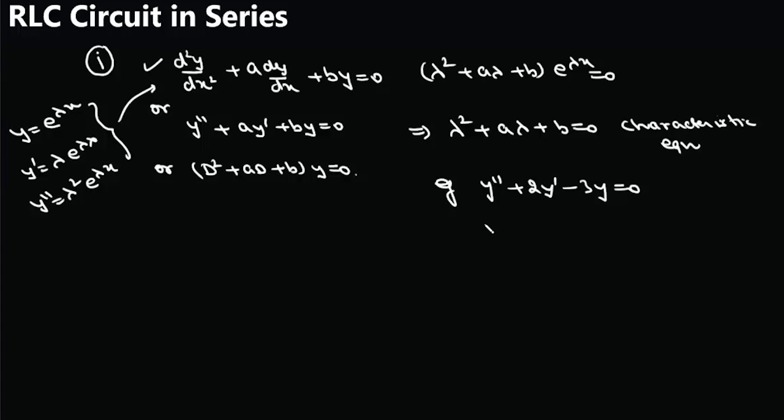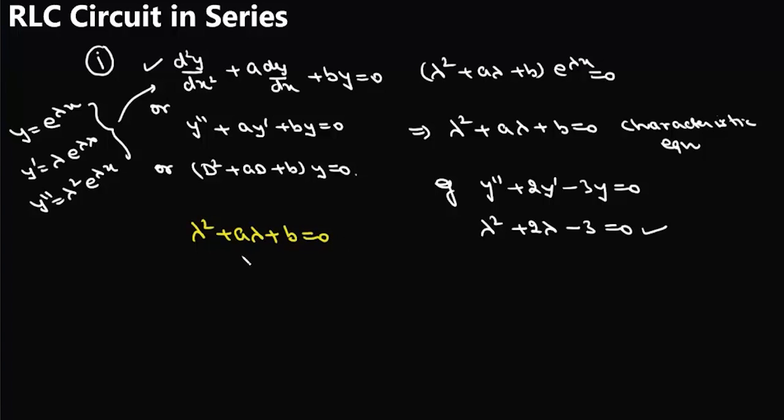I can directly write its characteristic equation as lambda square plus 2 lambda minus 3 equals to 0. So from this second order linear homogeneous differential equation, we form a characteristic equation, which is basically a quadratic equation.